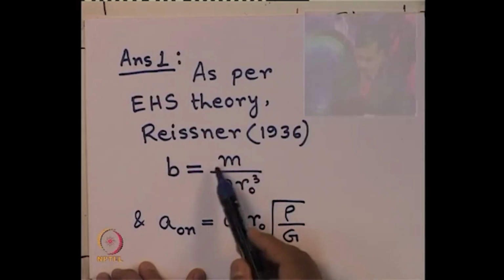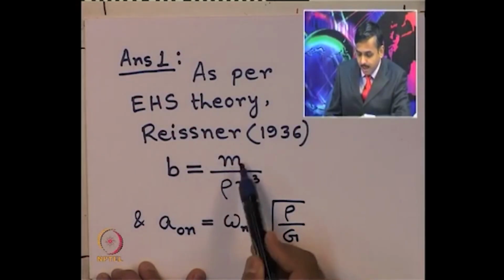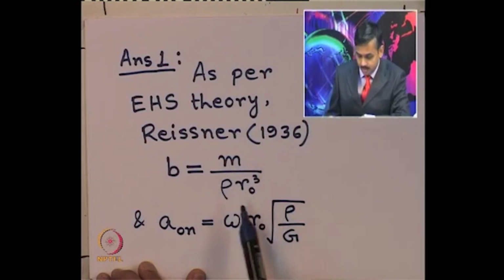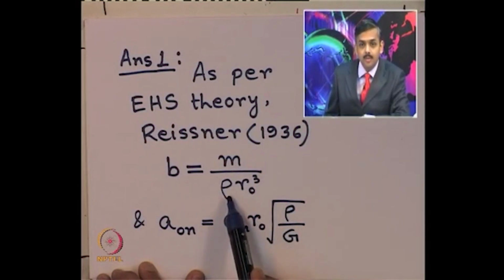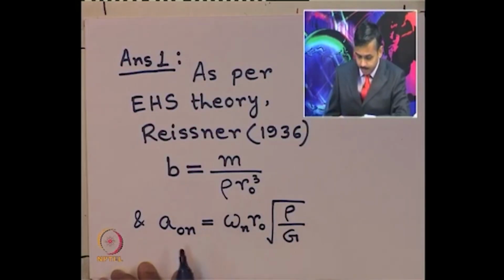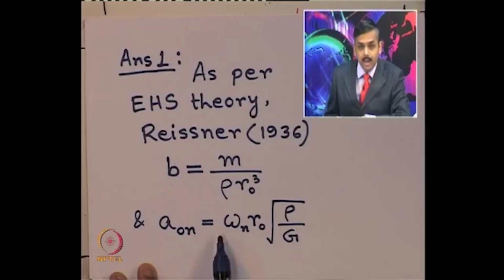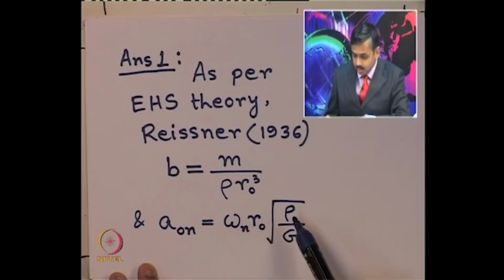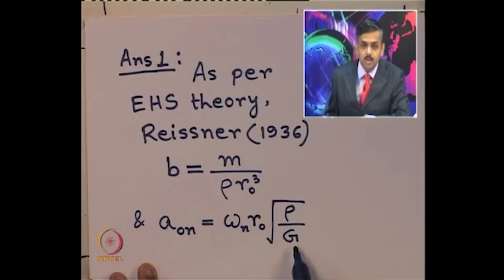Now, in this we know for this parameter B, m is the mass, rho is density, not the unit weight, it is density, r naught is the equivalent radius of the rigid circular footing or machine foundation which is designed, and in this A naught n expression omega n is natural frequency of the system, r naught already I have defined, rho I have already defined, and G is shear modulus of the soil.